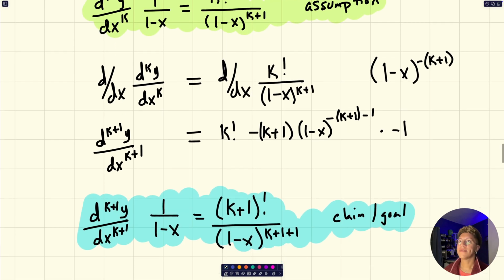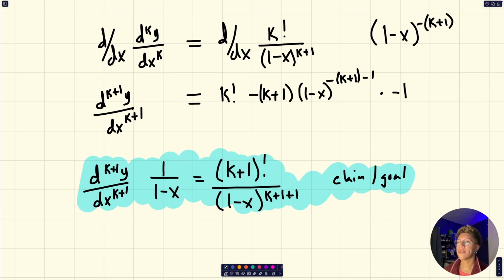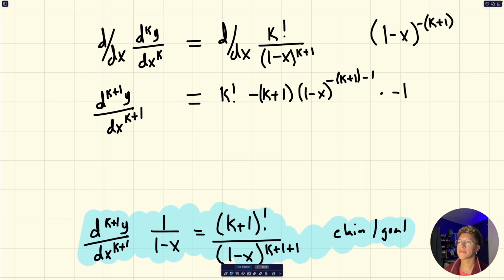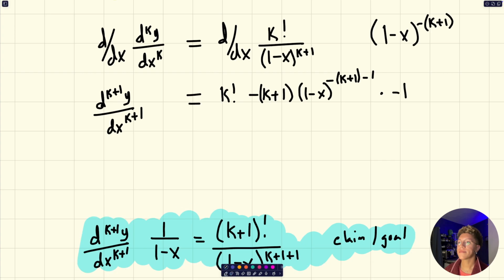Let's move this down a little bit and move our goal down just a tad. All right, so this k factorial is out front. We'll leave that there for now. Right here, we now have a negative and a negative.